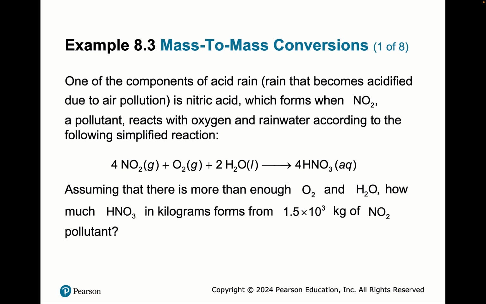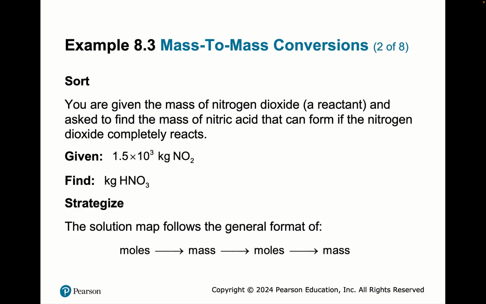Assuming that there is an abundance of oxygen and water, how many kilograms of nitric acid form from 1,500 kilograms of nitrogen dioxide pollutant? Okay, so it's a limiting reagent problem, but we have excess of everything else.